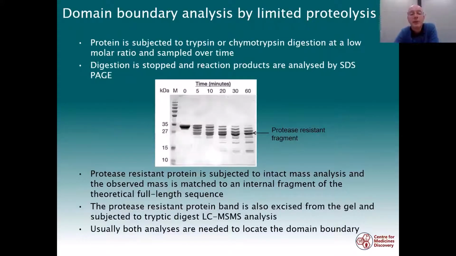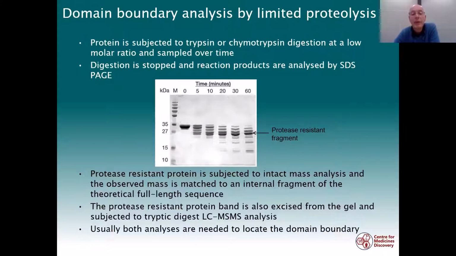How we do that is very simple. The protein is subjected to limited proteolysis, either using trypsin or chymotrypsin, at a very low molar ratio. So you sample it over time. Normally, in an MSMS experiment, we are looking for complete digestion. In a limited proteolysis experiment, we're aiming for the opposite. We want to catch the digestion midway.